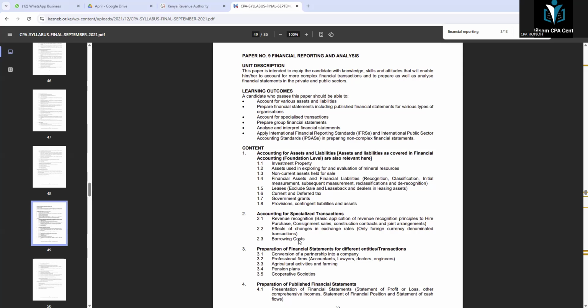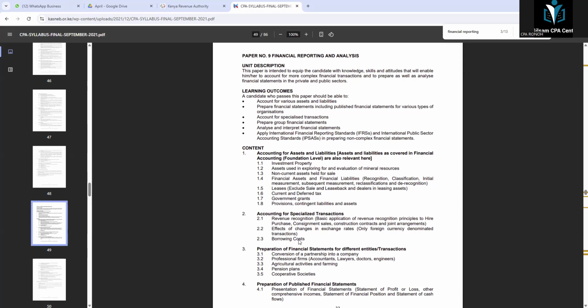Only the borrowing cost will require a bit of calculation. The rest will be theory, and also the construction contract, which has a calculation. So basically topics 1 and 2 are mostly, 80%, theory.